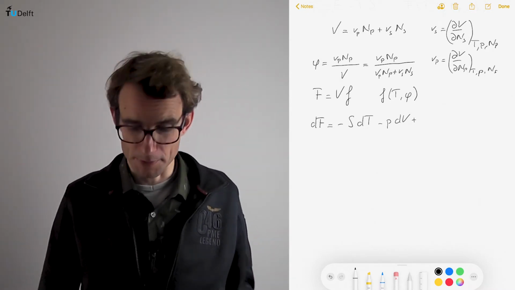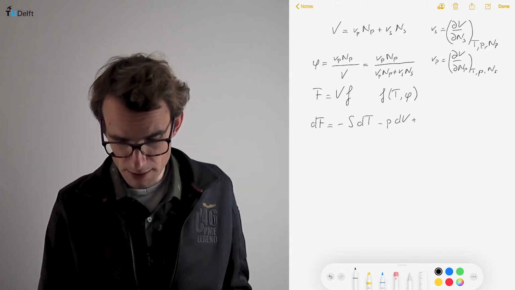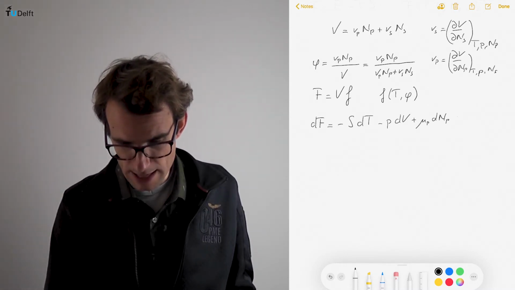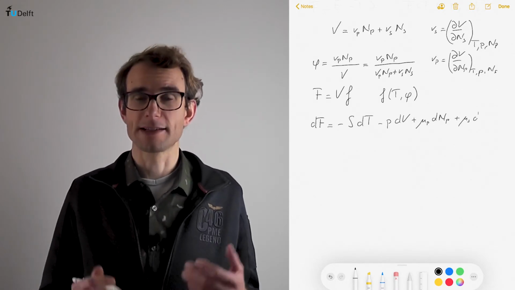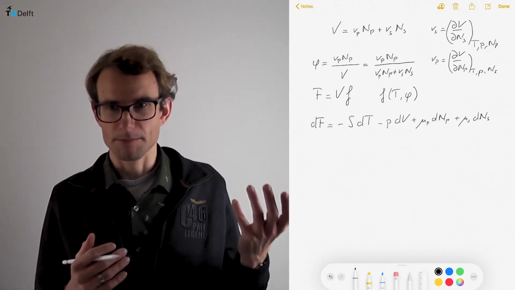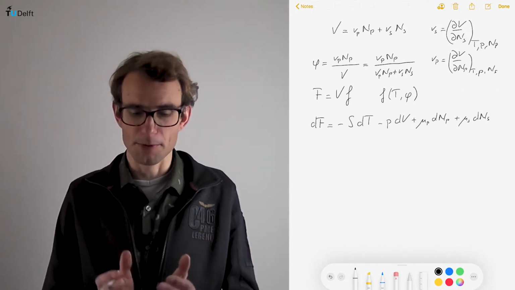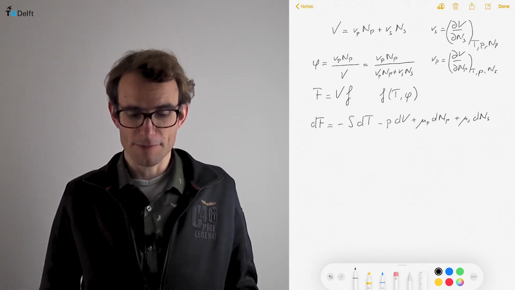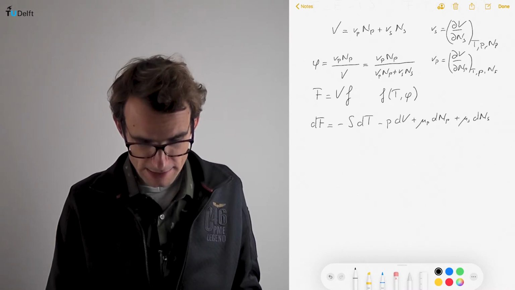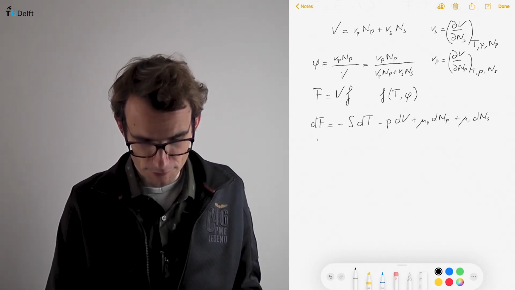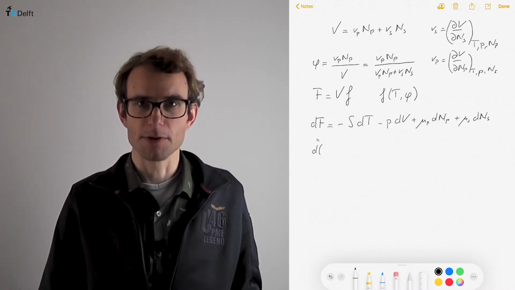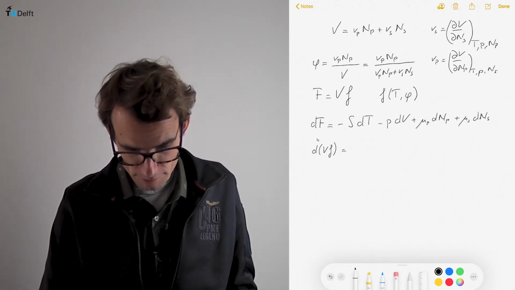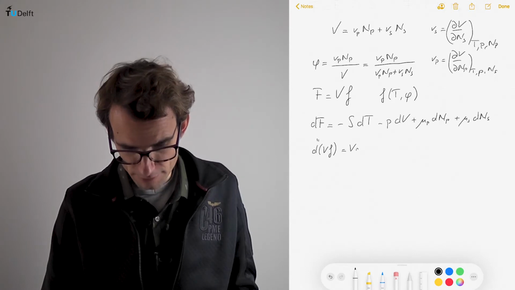Now we have two types of particles, so we have two chemical potentials, mu_p dn_p and mu_s dn_s, reflecting the fact that the free energy itself is a function of temperature, volume, and the two numbers of particles. Now, if I rewrite the free energy, this is simply the differential of V times the free energy per unit volume, and differentials obey the product rule, so we have V df plus f dV.